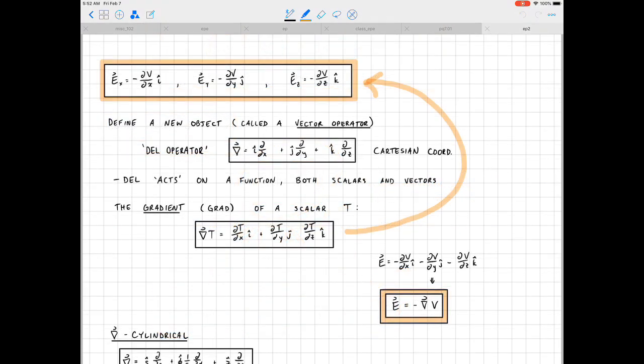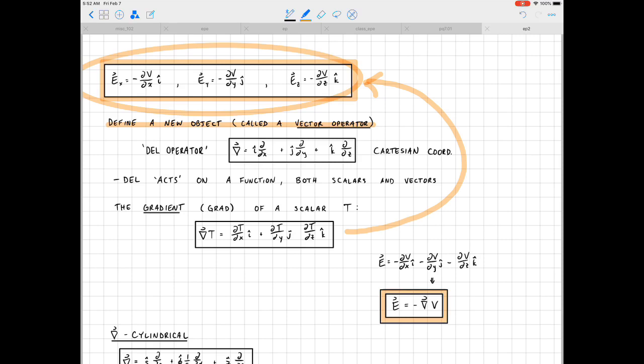So to continue with this derivative, we can describe and represent what's going on here in a more compact, more simplified manner. And to do that, we are going to define a new object called a vector operator. I want to stress, don't get bogged down by the terminology here.